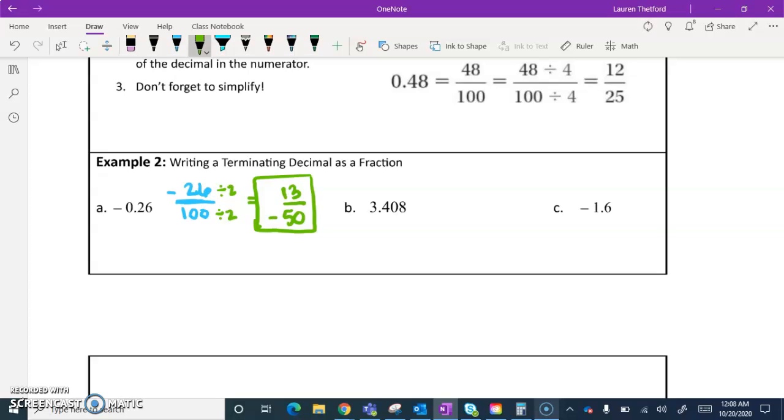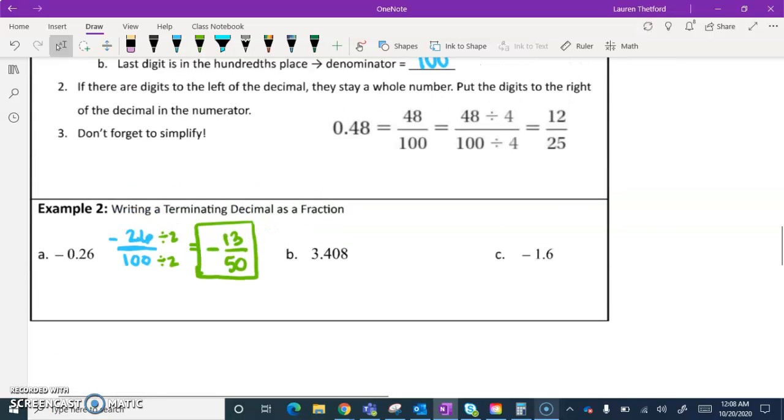It doesn't matter where you put it. Typically Big Ideas likes it off to the side or on top, but as long as there's one negative with that fraction, that means the whole fraction is negative.